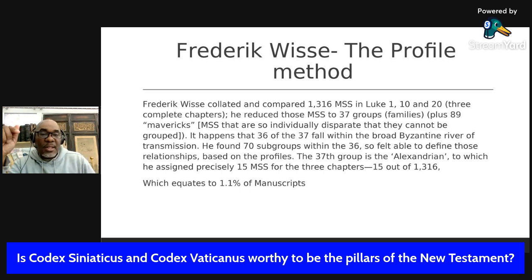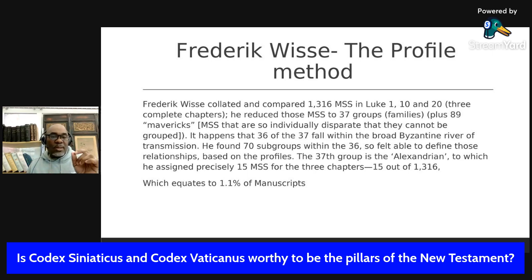It so happens that 36 of the 37 groups fall into the Byzantine broad river of transmission. He found 70 subgroups within the 36, and he was able to define those relationships. The 37th group is the Alexandrian, to which he assigned 15 manuscripts for the three chapters.